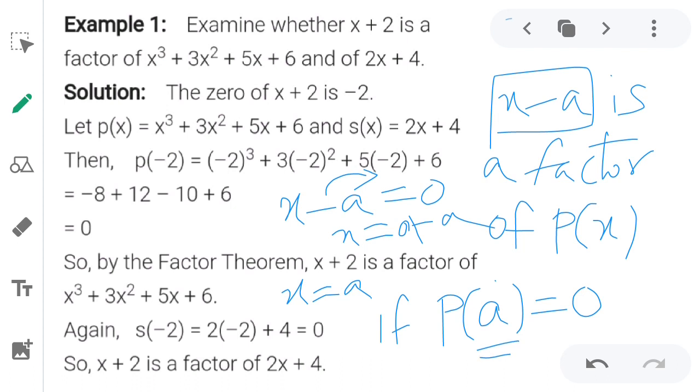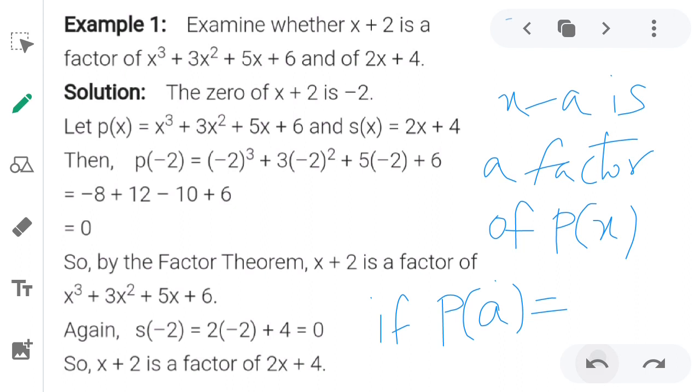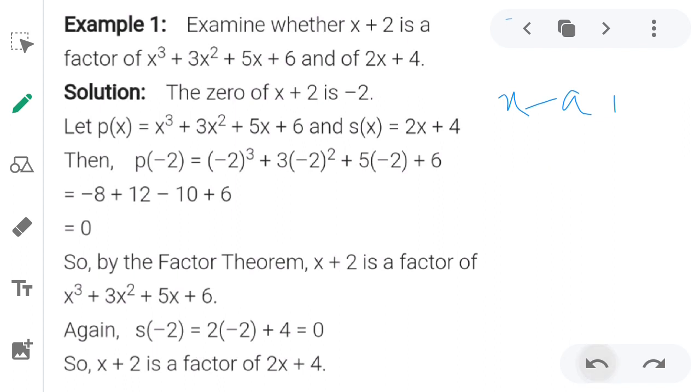Okay. Now let us apply the same logic for this example also. We have to check whether x plus 2 is a factor of x cube plus 3x square plus 5x plus 6.